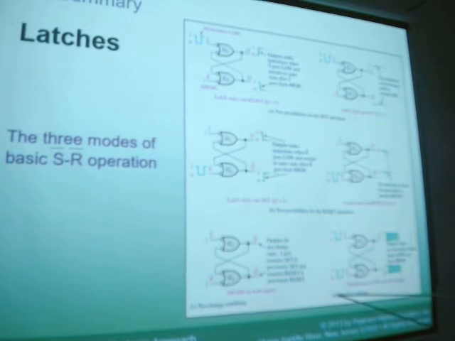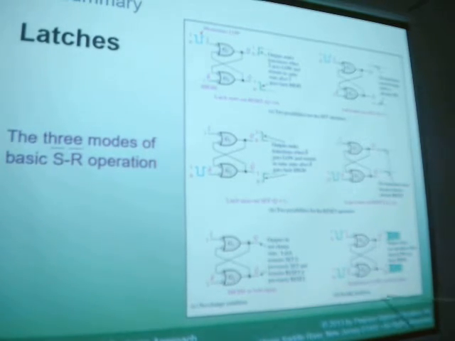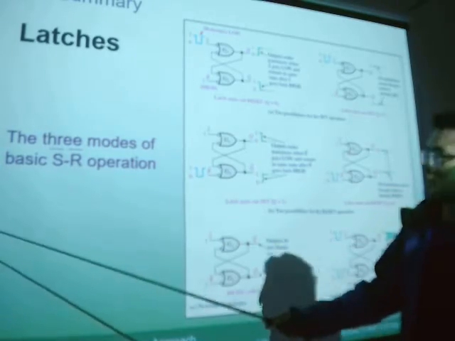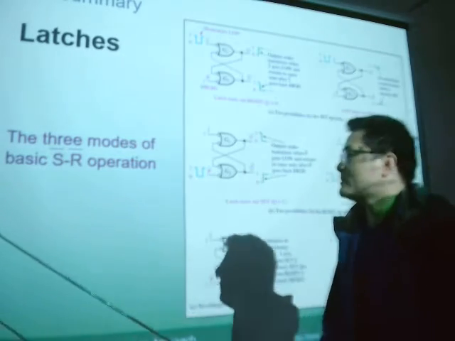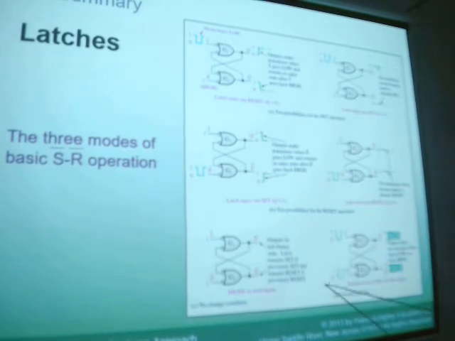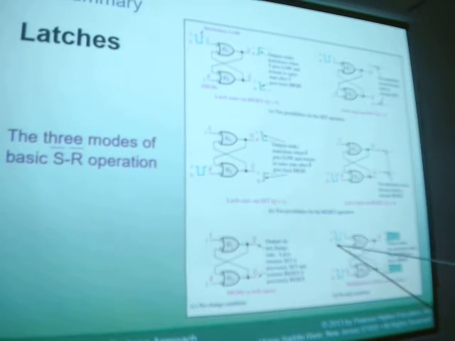And the last combination, invalid condition. This condition, right? S bar equals 0, R bar equals 0.